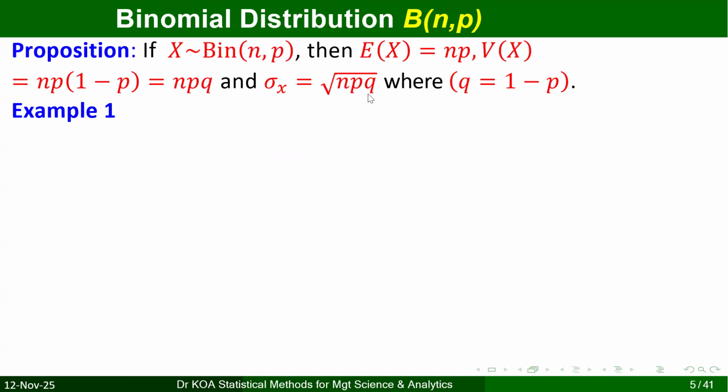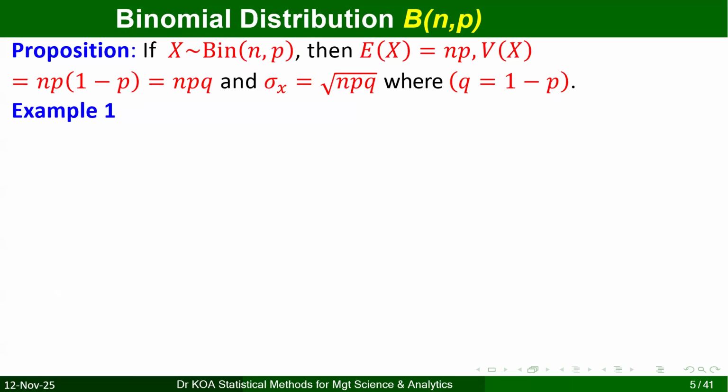So in a binomial distribution, we say X is binomially distributed with a sample of N and the probability of success of P. The expected value, which is the mean, is the sample size multiplied by the P. Then the variance is that expected value multiplied by the probability of failure.